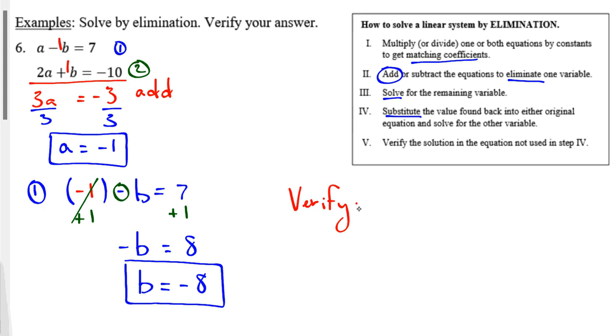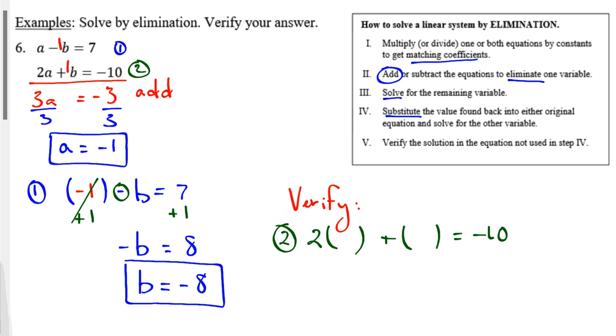If we have the time, it's ideal for us to plug this a, b ordered pair into both equations, but at bare minimum, we want to use the equation that we didn't use in our previous step. So we just used equation 1, so now I'm going to use equation 2, which was 2a plus b equals negative 10.